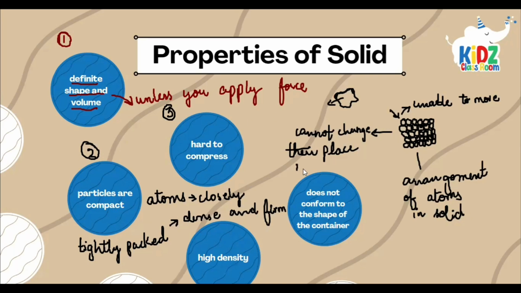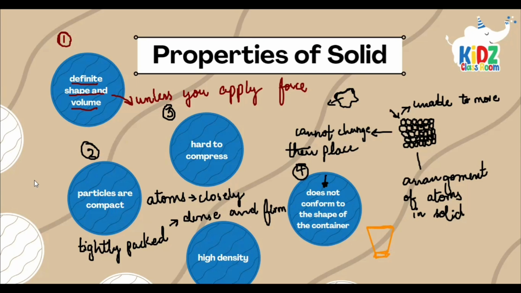Okay, so now fourth, we have that they do not conform to the shape of the container. What is the meaning of this property? What is meant by does not conform to the shape of the container? This means, in simple words, if we have a container, any container, so this is a glass, okay?